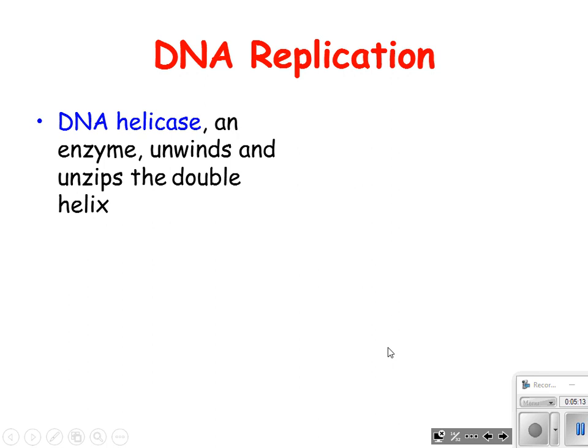Remember, we can tell enzymes by the ASE ending. DNA helicase unwinds and unzips the double helix. Now, if you look at what is under that flip book right there, what is there?